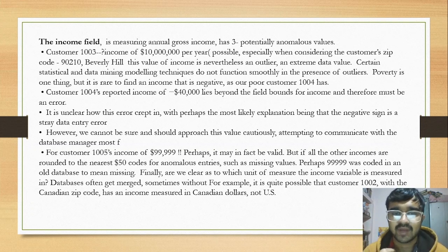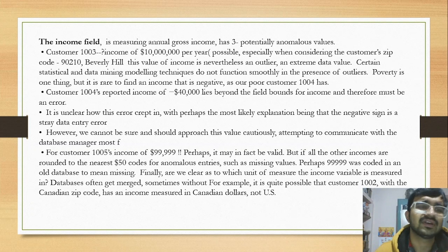Finally, are we clear as to which unit of measure the income variable is measured in? Databases often get merged, sometimes without checking. For example, it is quite possible that customer 1002 with the Canadian zip code has an income measured in Canadian dollars, not US. So it may create some problems in the database.